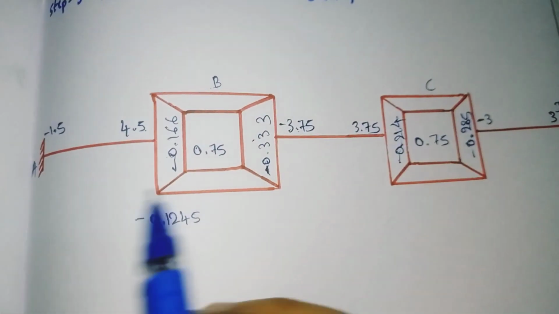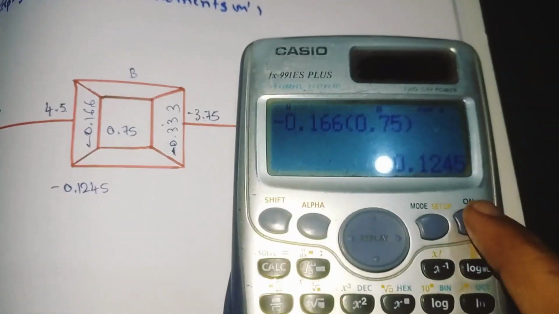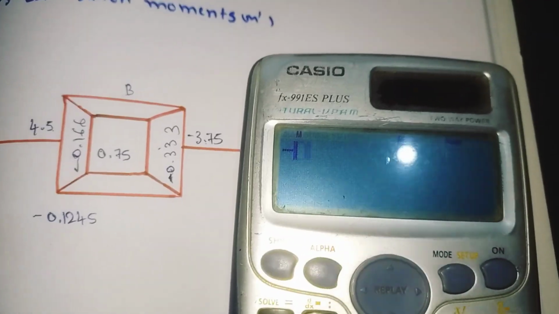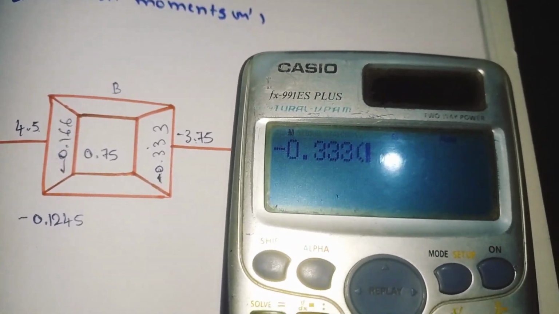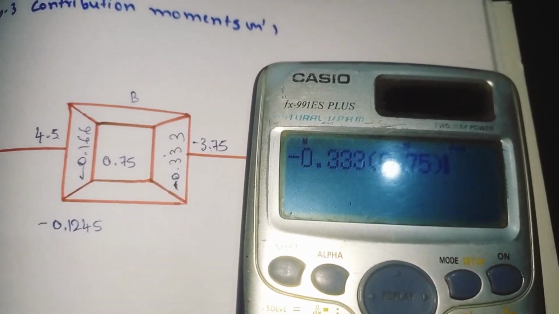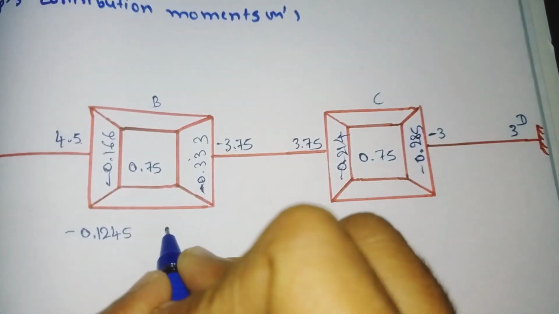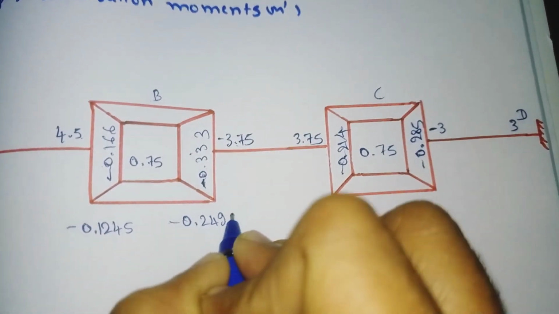Here far end moment is 0 and here also 0. So we need to add it. I will show here. Minus 0.333 into 0.75. If we do, we'll get minus 0.249. So write it, minus 0.2497.